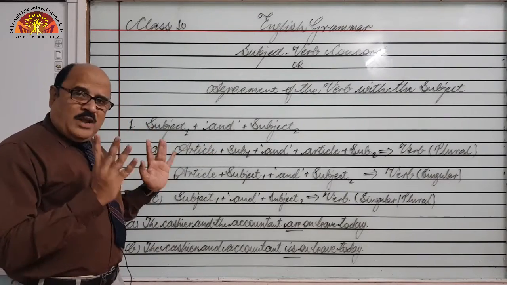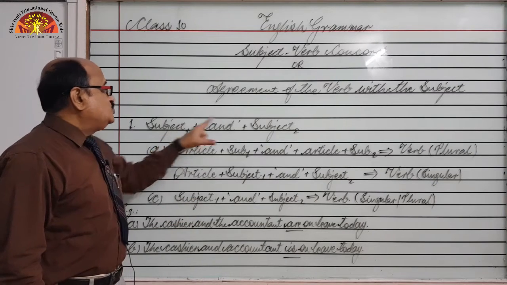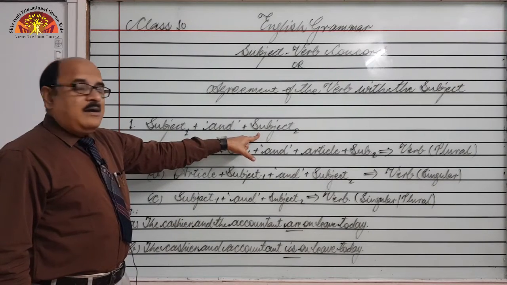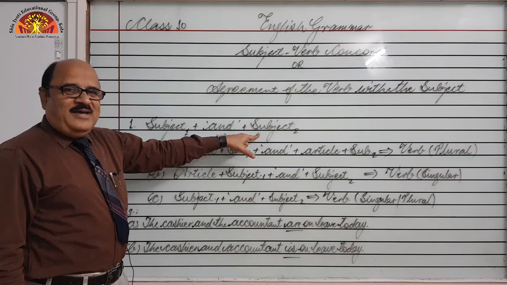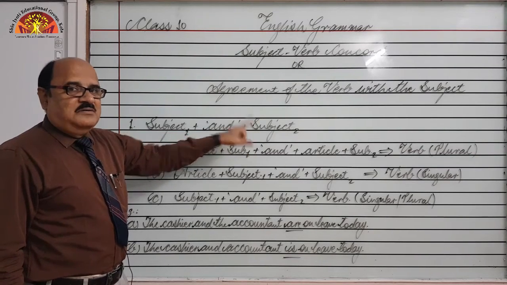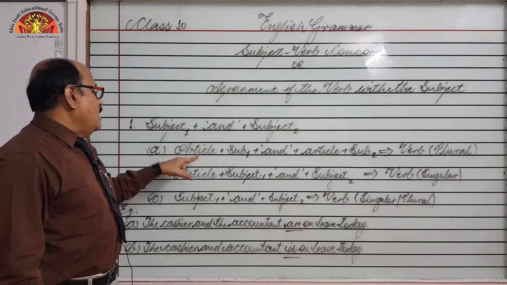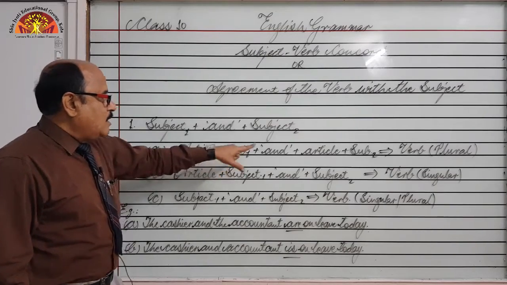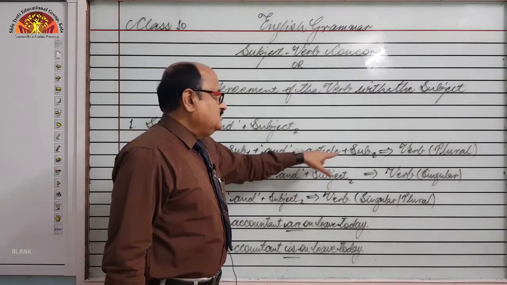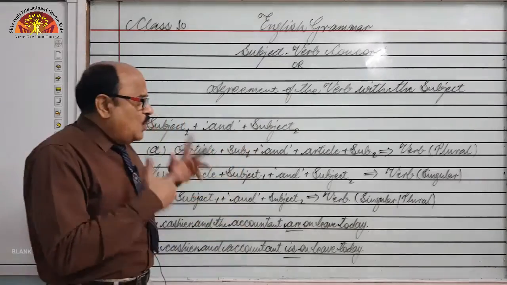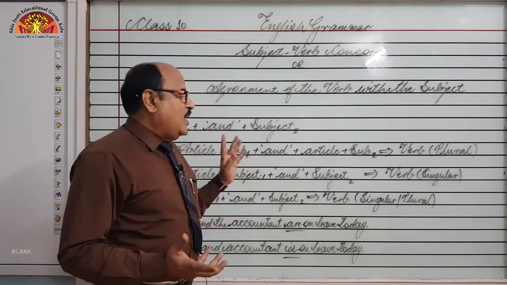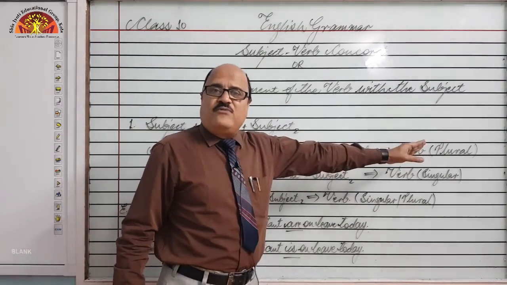Situation number 1, when these two subjects are accompanied by the article the. Right. Look here. Article subject 1 and article subject 2. Whenever you come across this position, you have to use the verb in its plural form. Right.